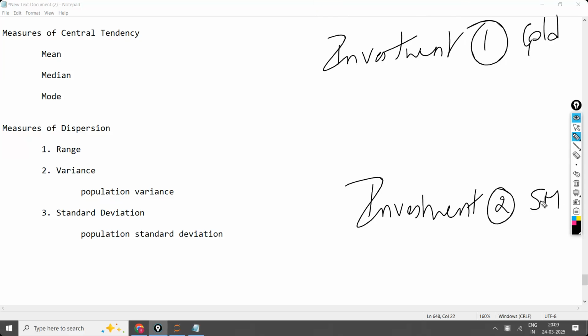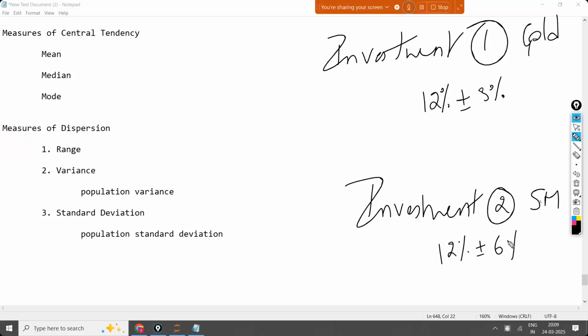If I invest in gold, I get returns of 12% plus or minus 3%. In the stock market, I get 12% plus or minus 6%. What is this plus or minus 3% or 6%?